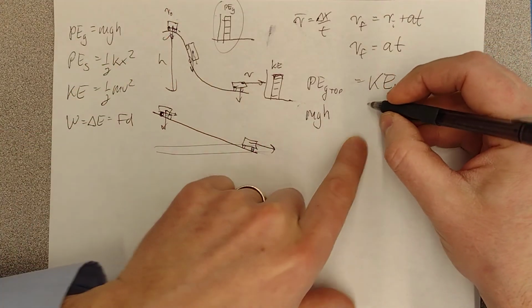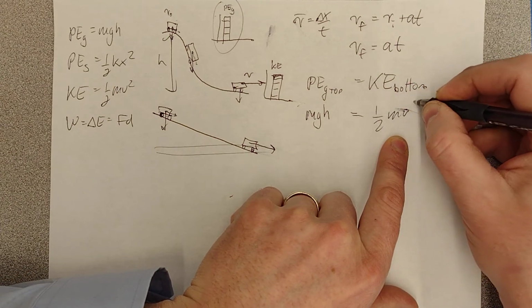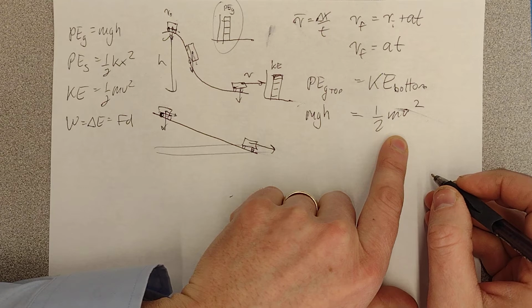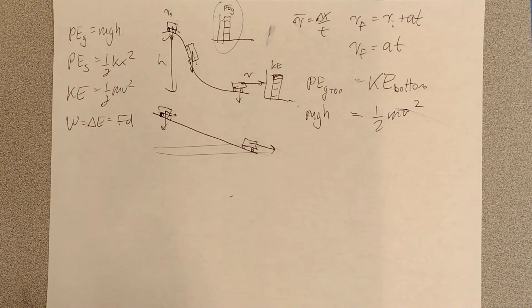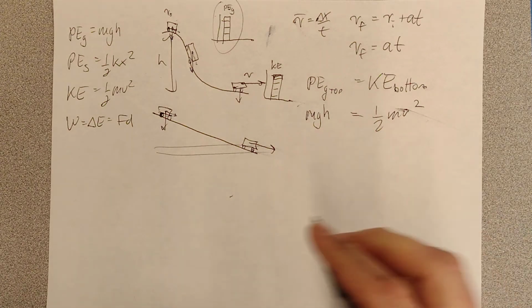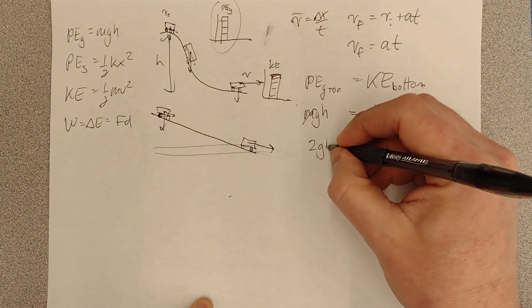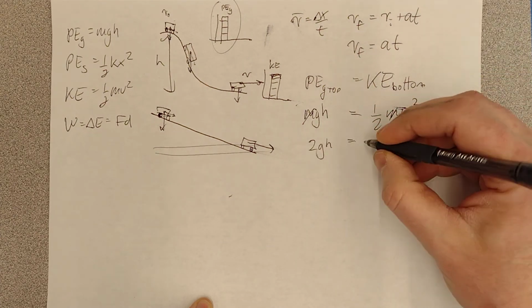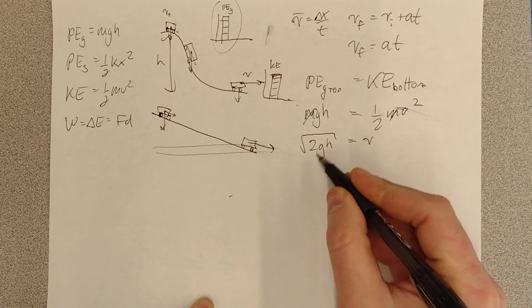And at the bottom, I have 1/2 mv squared. Oh, cool. I can solve this for v now. And this is a really common result, actually. The m's cancel. You get 2gh equals v squared. So v equals radical 2gh, the speed at the bottom.